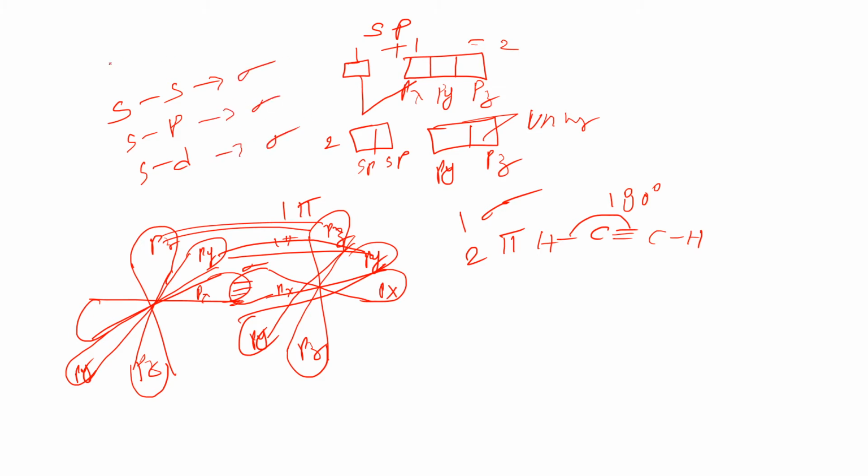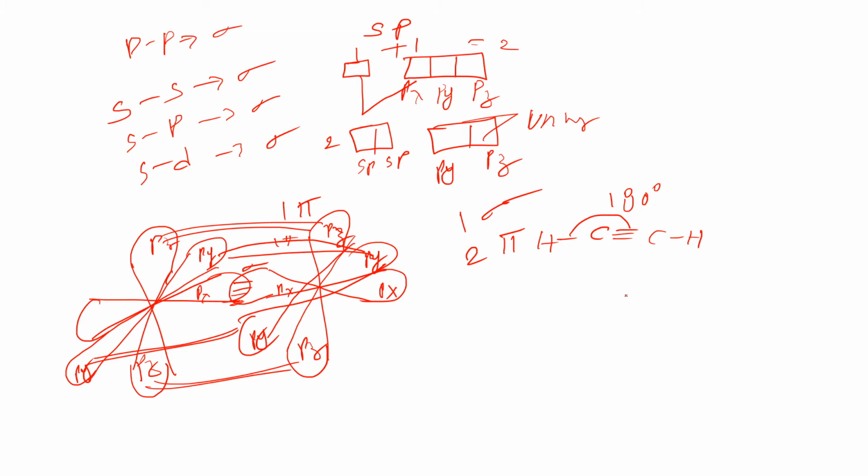For example, if it is p and p, there is no need to form a sigma bond. But if the s orbital is involved, definitely the bond formed will be the sigma bond only. Below the plane also you can see the py and pz forming the pi bonds.